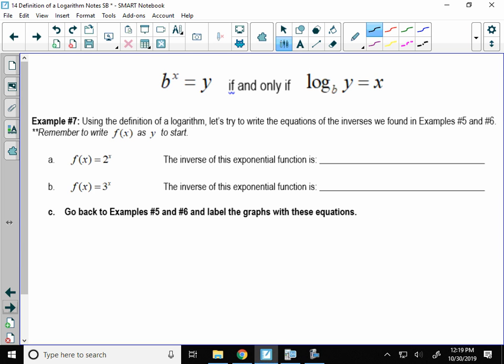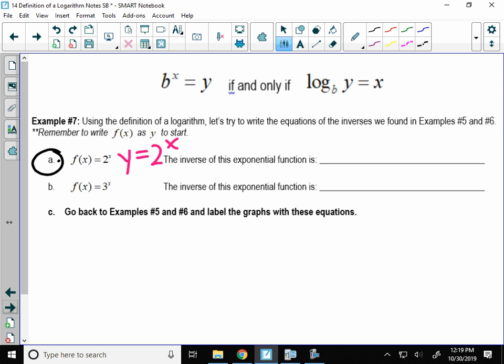So real quick, let's just do A here because we only did one graph. Let's write the equivalent logarithmic equation for that inverse that we just found. So I'll help you do it here. Let's rewrite f of x is 2 to the x as y equals 2 to the x. And we'll start to see how these two, logarithms and exponentials, will work together.